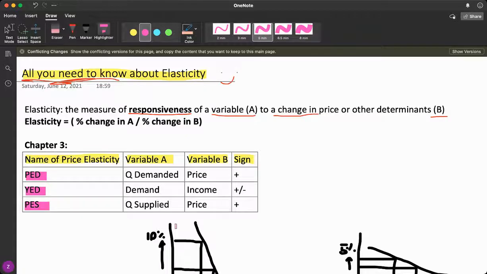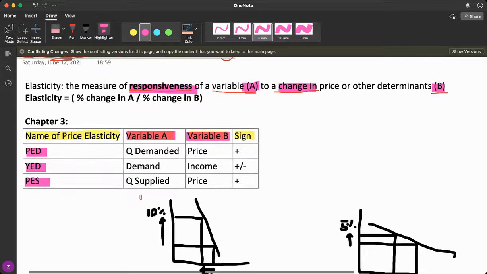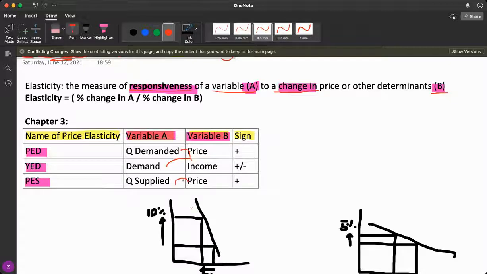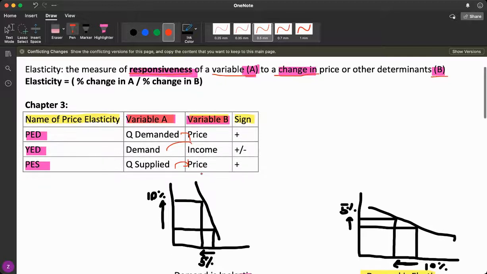Just think of elasticity as the measurement of the responsiveness and sensitivity of variable A to a change in variable B. So PED is the responsiveness of quantity demanded to a changing price, PES is the responsiveness of quantity supplied to a changing price, and YED is the responsiveness of demand, noting that here it is not quantity demanded anymore, to changing income.